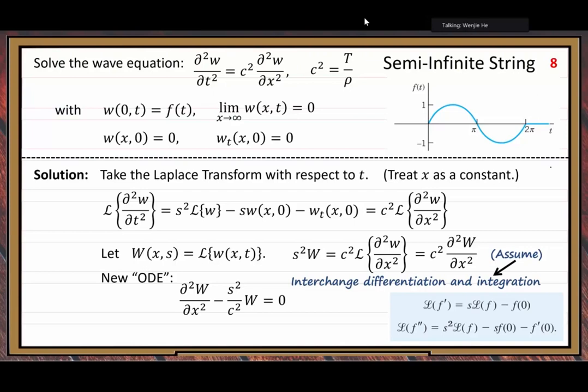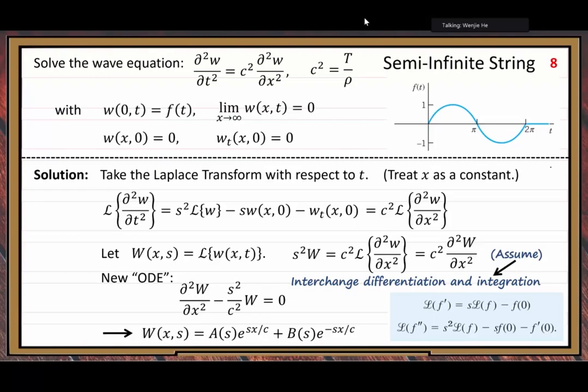Characteristic equation, two roots, then we can write the general solution immediately. So the general solution W of x and s: remember, we treat s as a constant when we solve this ODE.